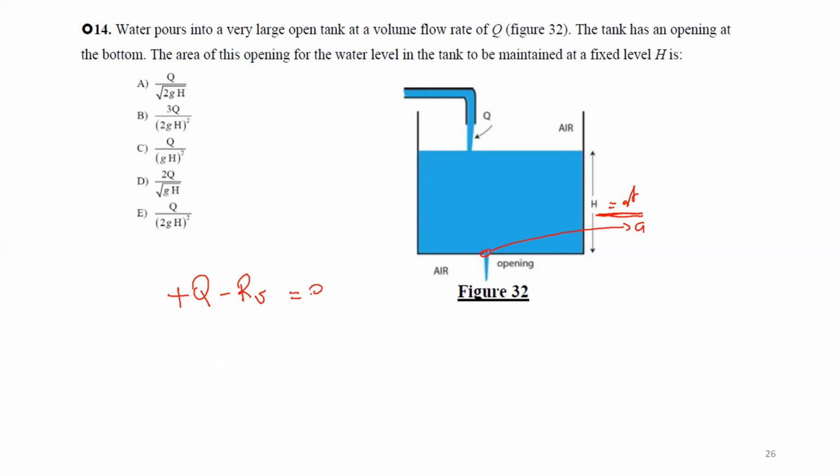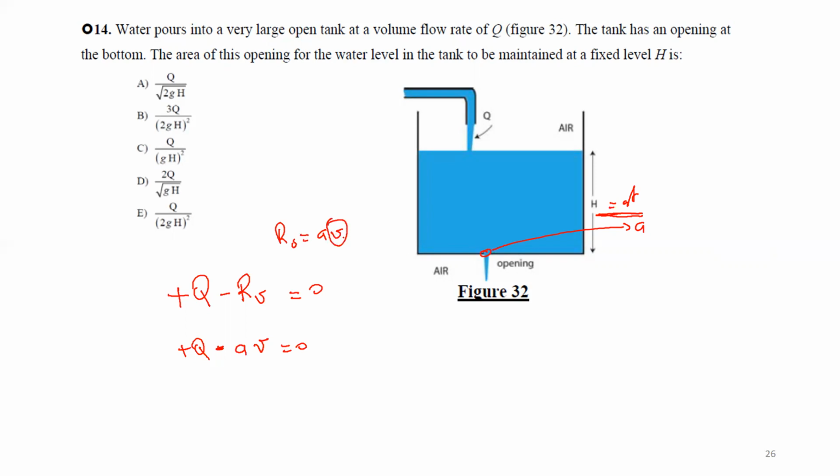The sum is equal to 0. The water which is getting in per second is equal to the water that is getting out from my tank per second through this hole. So I will end up with Q equal to a multiplied by V, because you remember RV is the cross-sectional area of the hole multiplied by the speed of water at that hole.